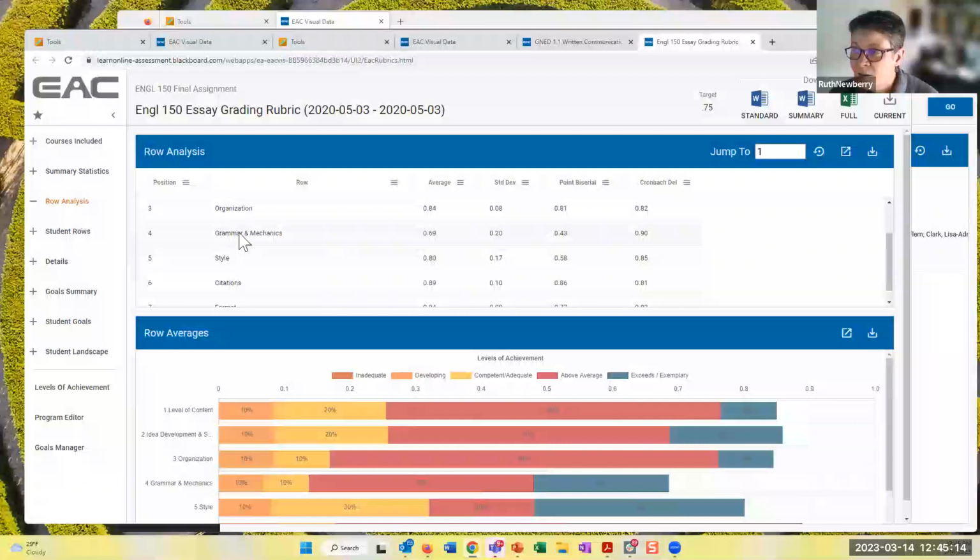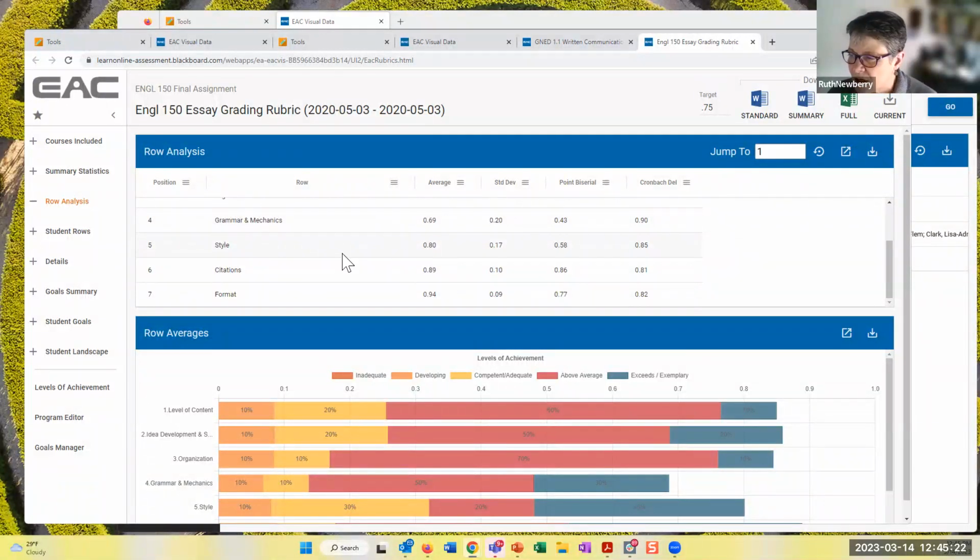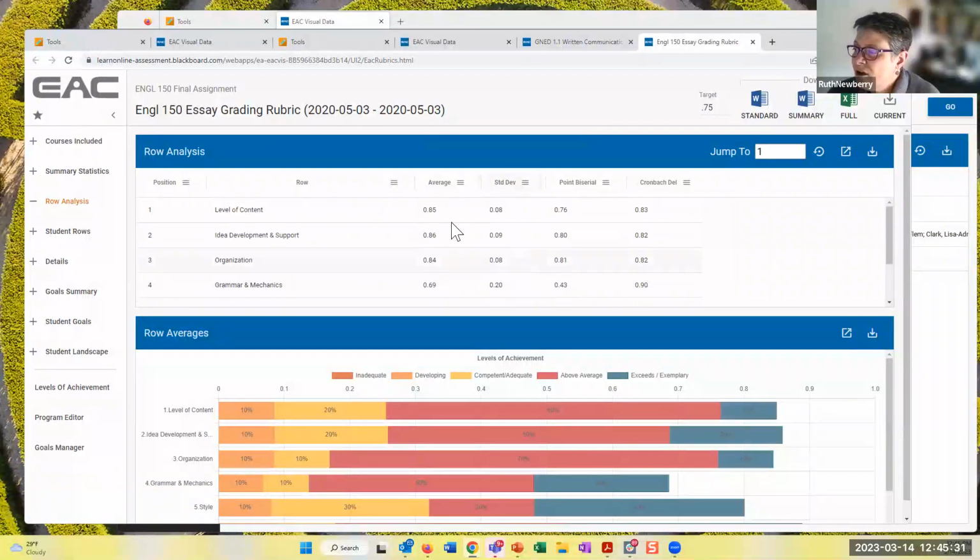So I can see they're doing fairly well. Not so well on grammar and mechanics, which we might certainly expect. Not as well as the other rows on style, exceedingly well on format. Again, standard deviation by row, and here I can see there's not a lot of variance. And then point biserial, Cronbach's alpha with deletion.